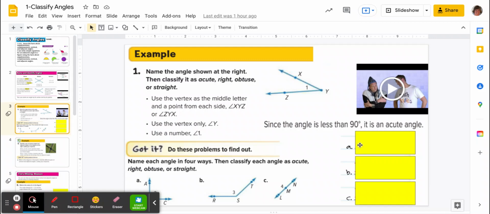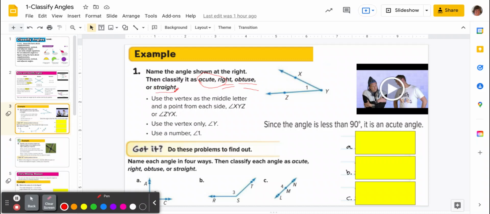Now, you may need to stop your video and write these definitions down. If an angle is acute, it is less than 90. An angle that is exactly 90 degrees is called a right angle. If we have an angle that is more than 90 degrees, then we call it an obtuse angle.